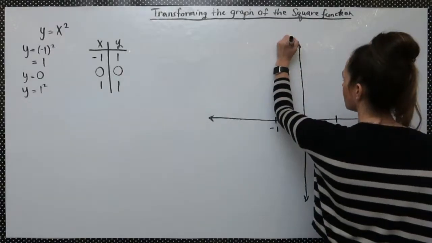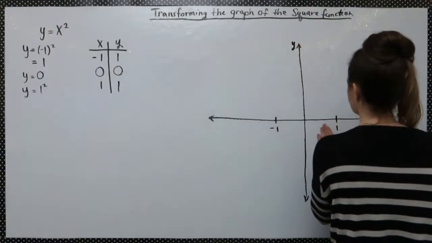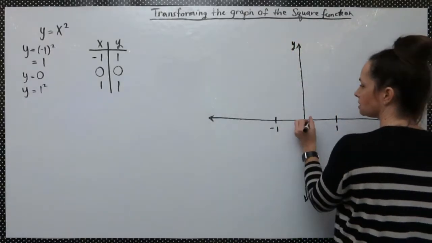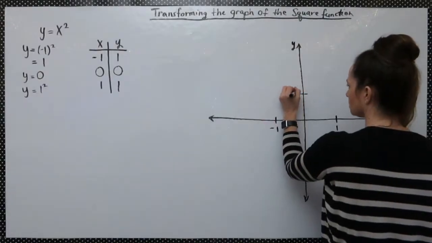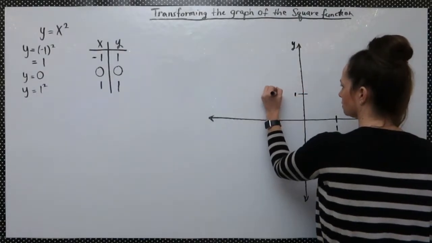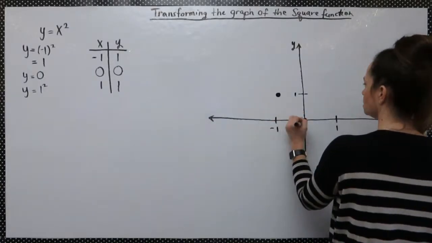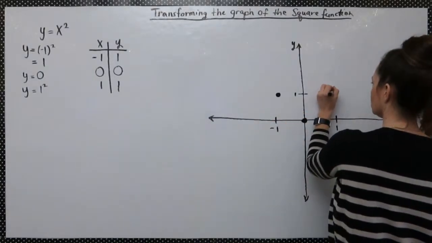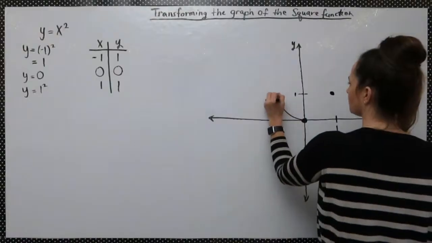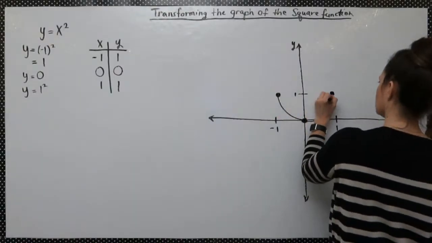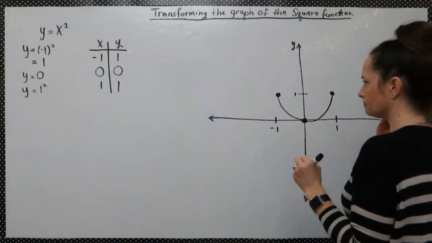x comma y. And then we'll plot these points. You've got negative 1, 1, that point, 0, 0, and you've got positive 1, 1. So we've got this type of thing going on.